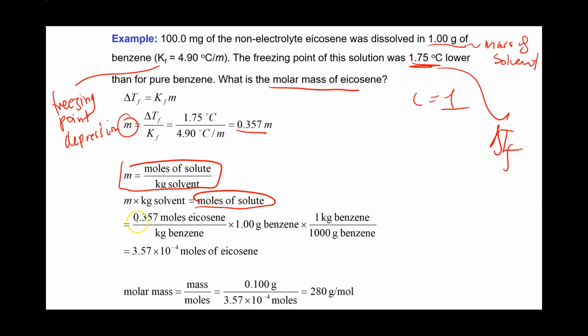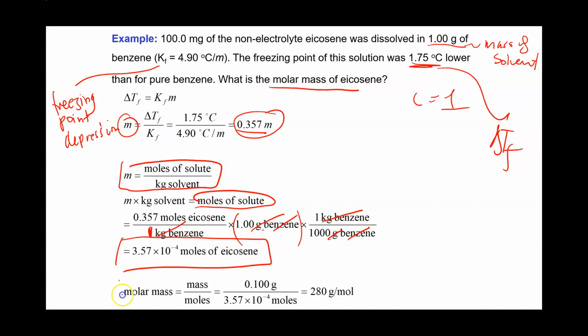I had 0.357 moles of eicosene for every 1 kilogram of benzene, and I was told that I had 1 gram of benzene, so I need to convert that to kilograms by dividing by 1,000. Now I'm figuring out how many moles of eicosene I have.